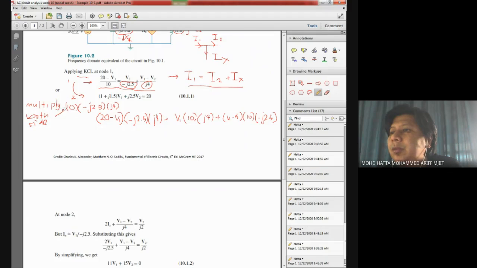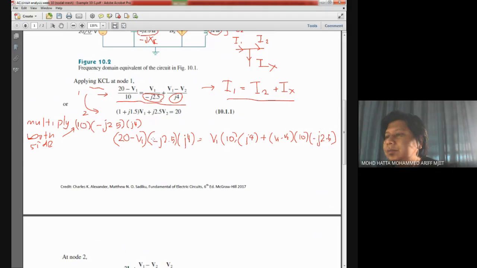Multiply both sides with this one. If you multiply both sides with 10, negative j2.5, and also j4, you will eliminate the denominator of this first equation. From there, you need to expand your equation, and at the end, you will come across this equation.